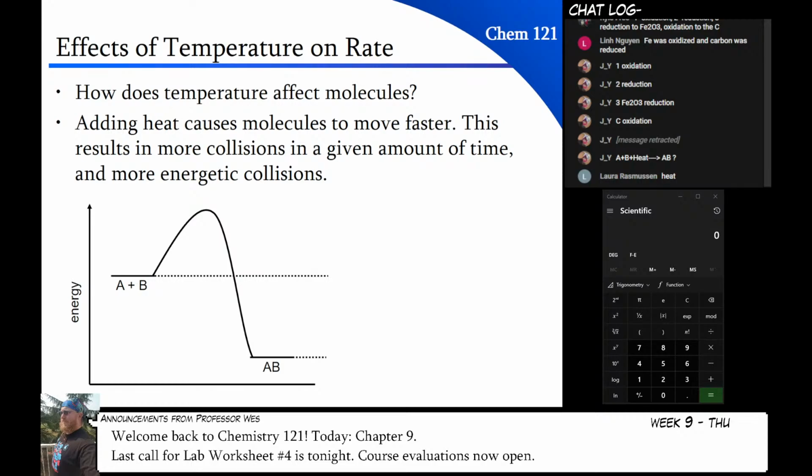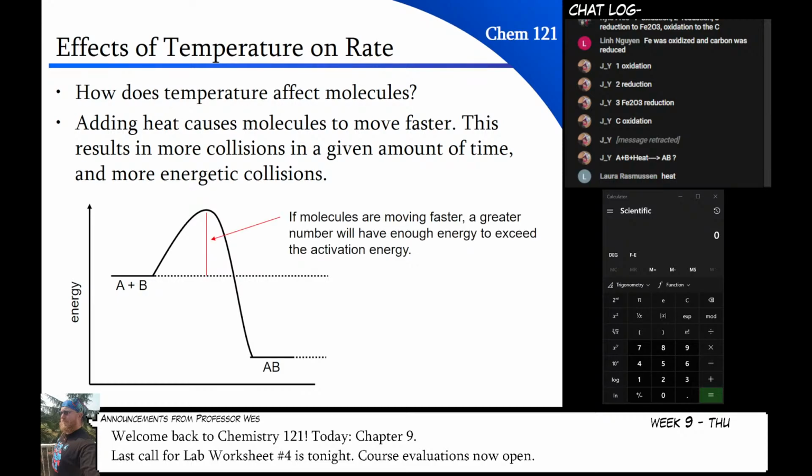So if this is our reaction diagram for just a generic exothermic reaction, at a low temperature, maybe the average energy is simply this. Like, here's the average energy of our molecules. So, on average, the molecules don't have enough energy for the reaction to occur.